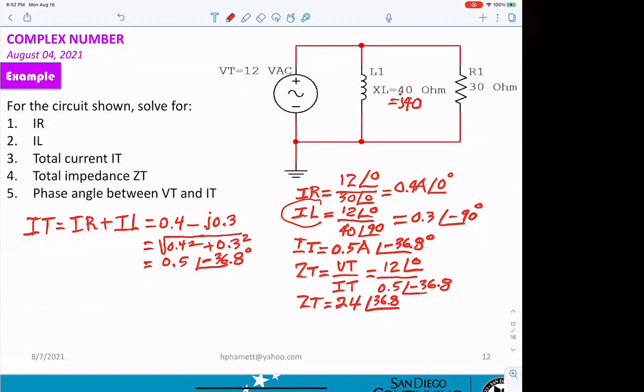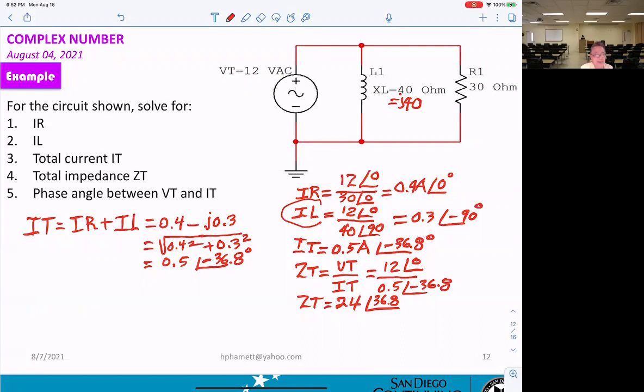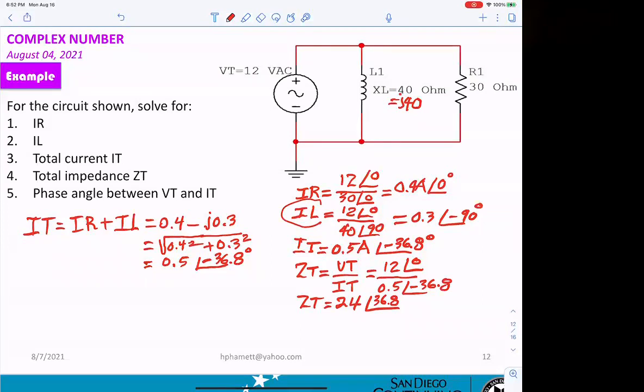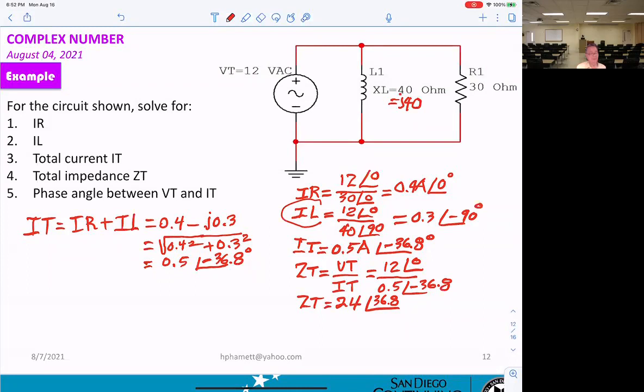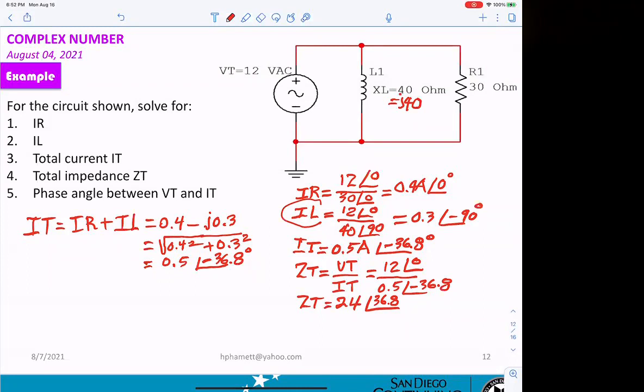I thought the inductor was always plus. For impedance, inductor is plus, however IL will be minus. So IC would be plus. Exactly, for the current they're the opposite. Okay, thank you.